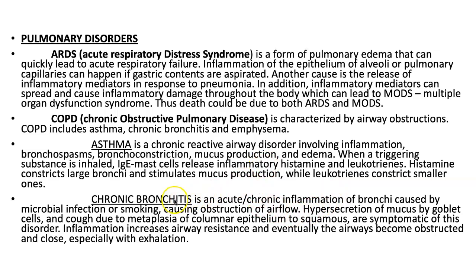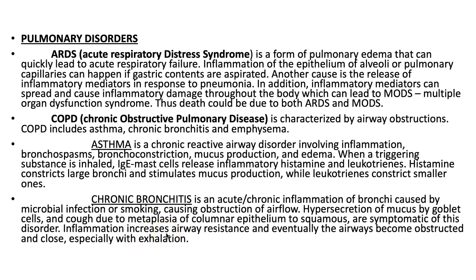Then with chronic bronchitis, it's a very similar outcome, but it's caused by chronic smoking. What's happening is that the smoking causes the goblet cells to up their production of mucus, and you are going to have inflammation.